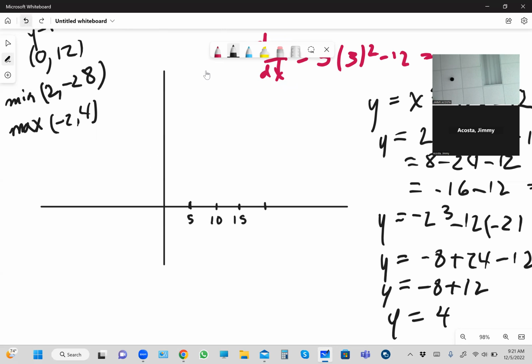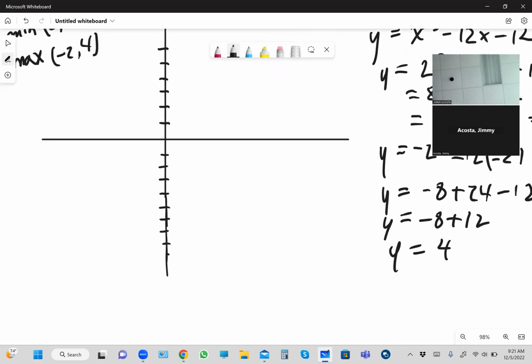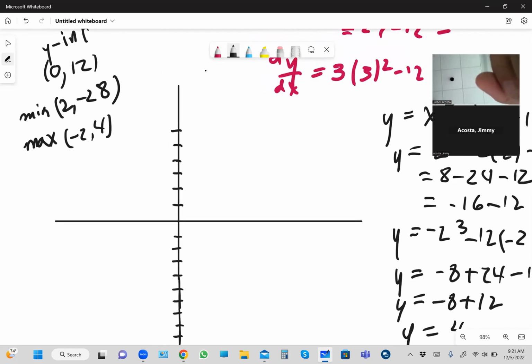We'll go by 2s. So we have 2, 4, 6, 8, 10, 12. And now for the other one, 2, 4, 6, 8, 10, 12, 14, 16, 18, 20, 22, 24, 26, 28. So 0, -12 goes here because these are by 2s.